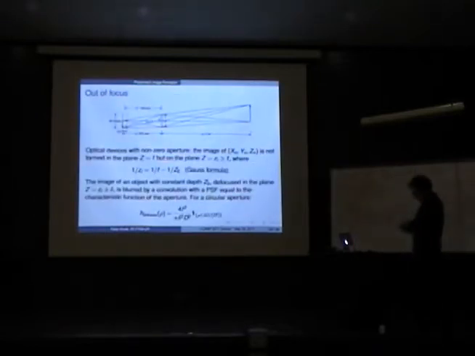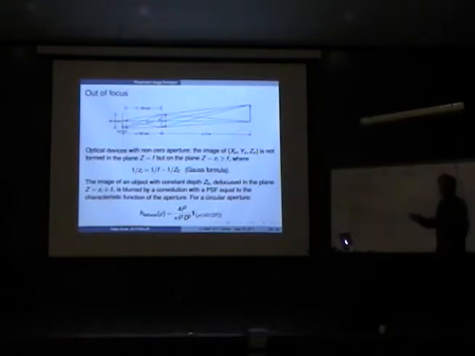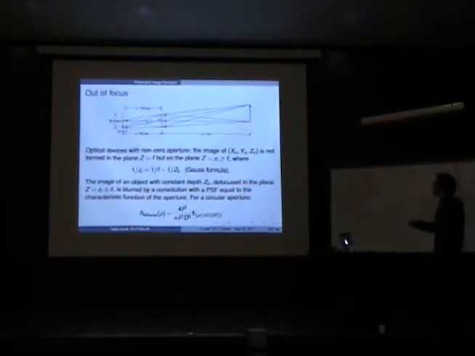Now we go to the next linear operation that gives the kernel component 2, which is out of focus. This is given by the Gauss formula for lenses, which says that in reality points don't focus at f, but they focus at distance zi, which is larger than f.